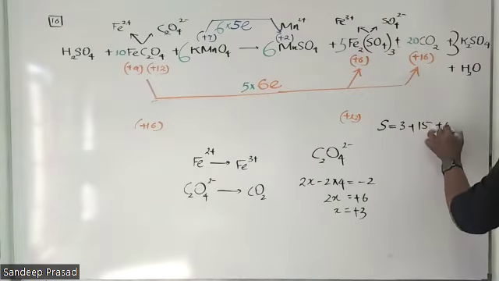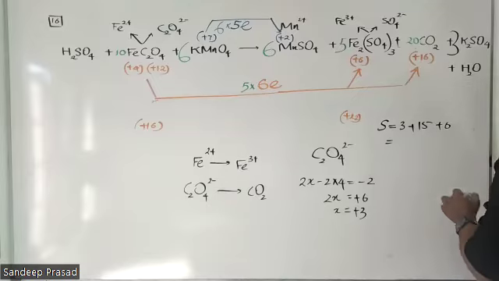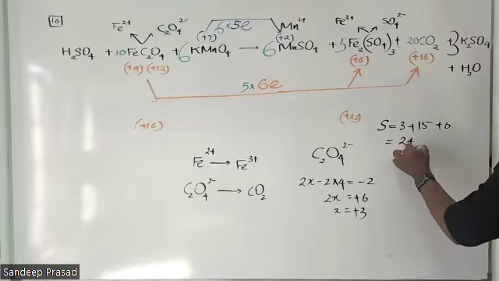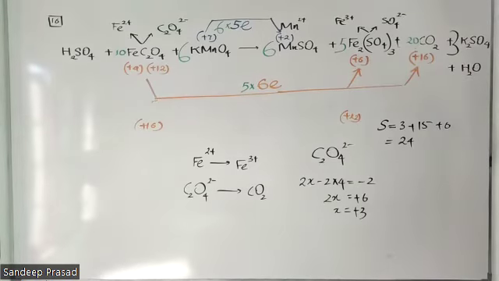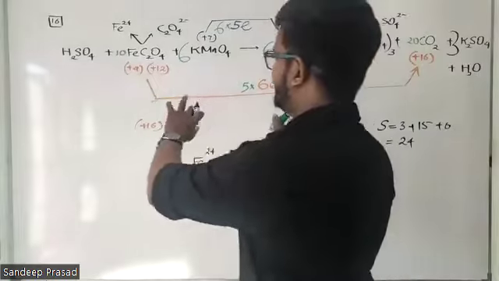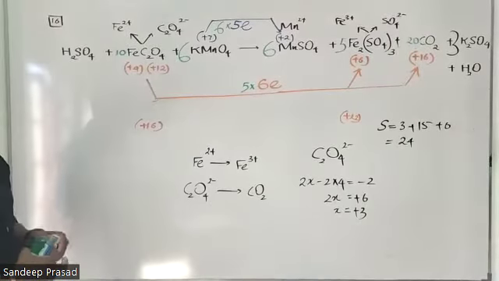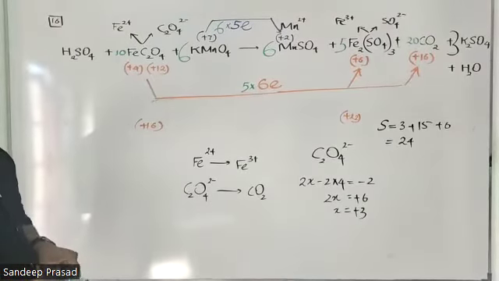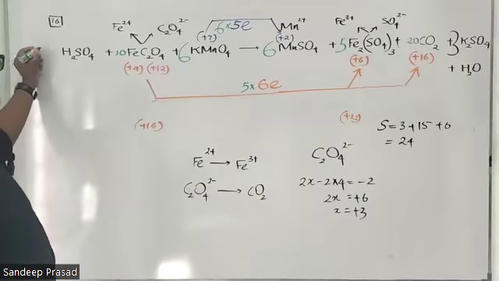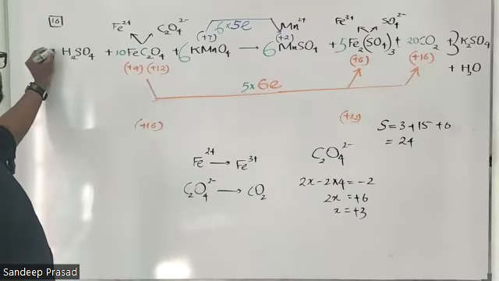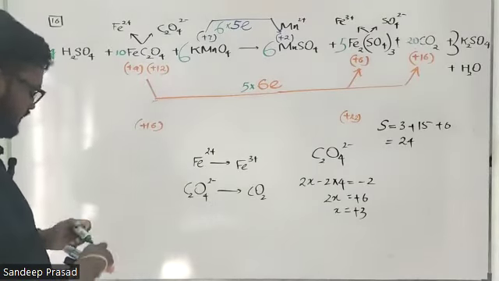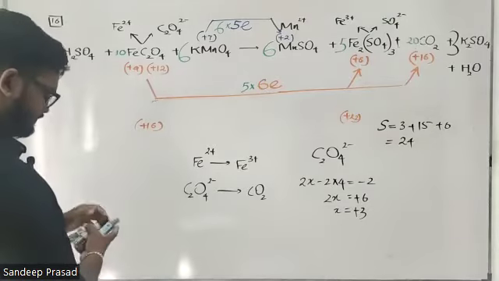And there are another 6 sulfate atoms. So therefore you can see that 24 sulfate atoms are there on the right hand side. You have to equalize that. Then what is the coefficient I should add here? 24. Because I need 24 sulfate atoms. I think the coefficients are very big.